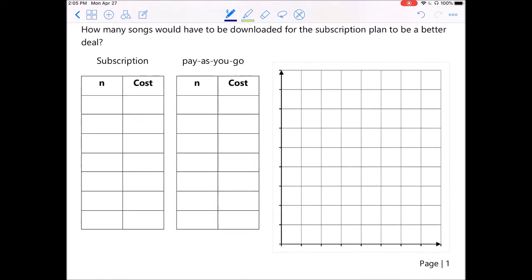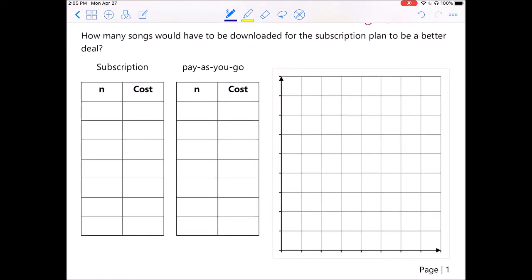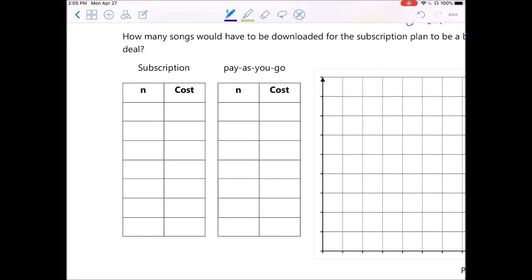Let's take a look at this using a table of values. For the subscription, the original equation was C equals 0.7n plus 8. We're going to plug in n equal to 0, and then go up by 10, because we need to check higher values of n.